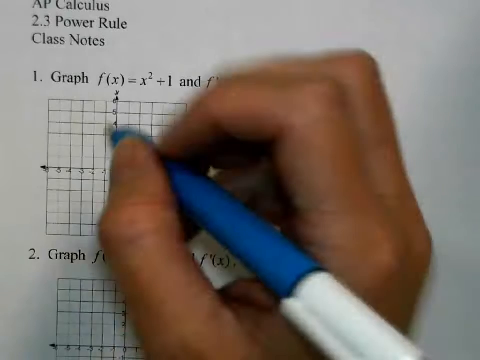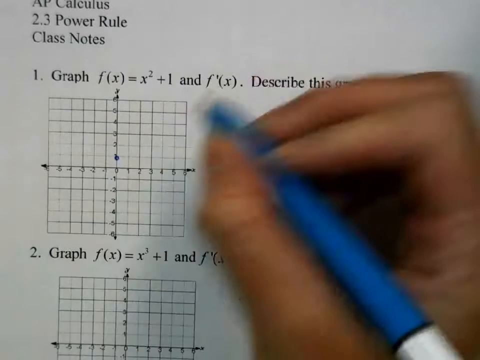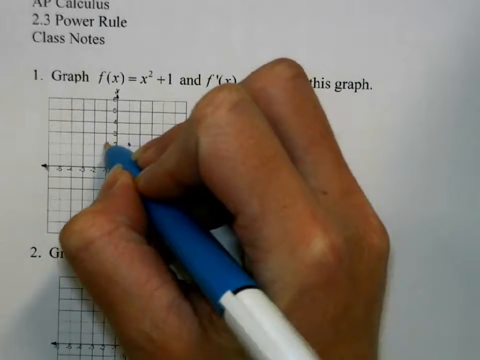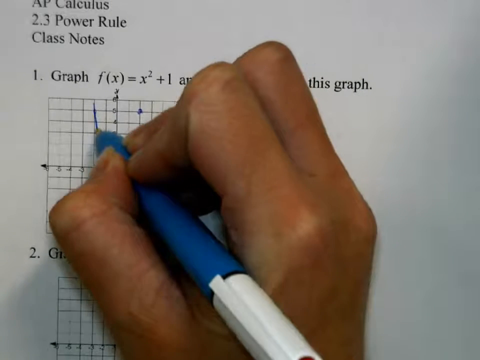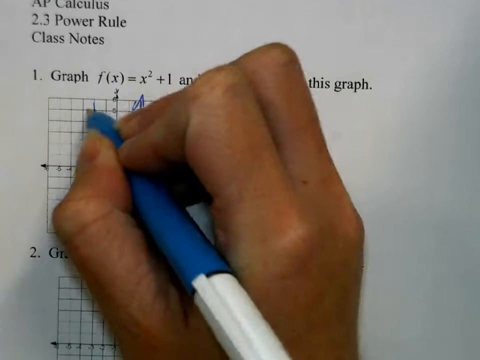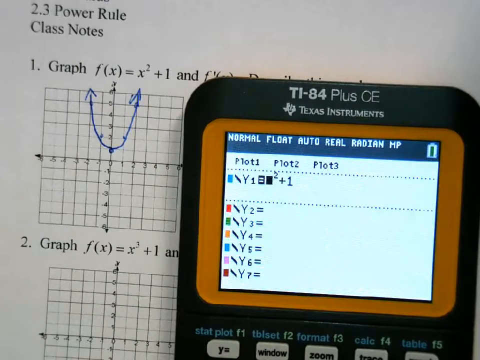Transferring this to our notes, we have a y-intercept at 1, and then it's 1 in each direction, and then over to a 4. There is that. Now we're going to graph the derivative.